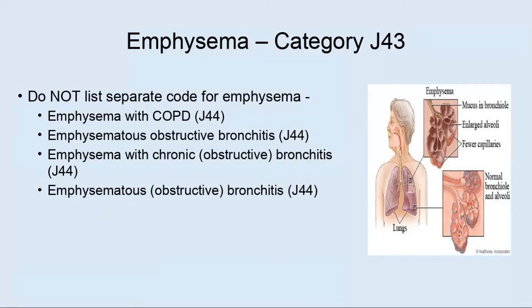You have emphysema with COPD, emphysematous obstructive bronchitis, so this is bronchitis and emphysema, J44, emphysema with chronic obstructive bronchitis, also J44, and then emphysematous bronchitis also. So it's all referring you to J44. So you're not going to list a separate code for the emphysema.